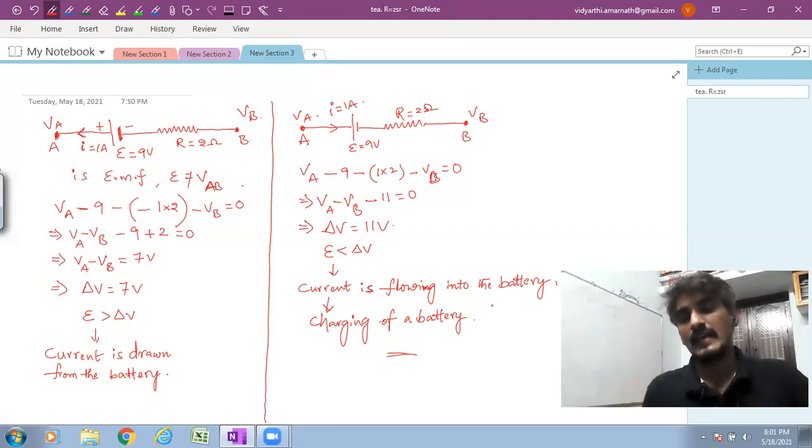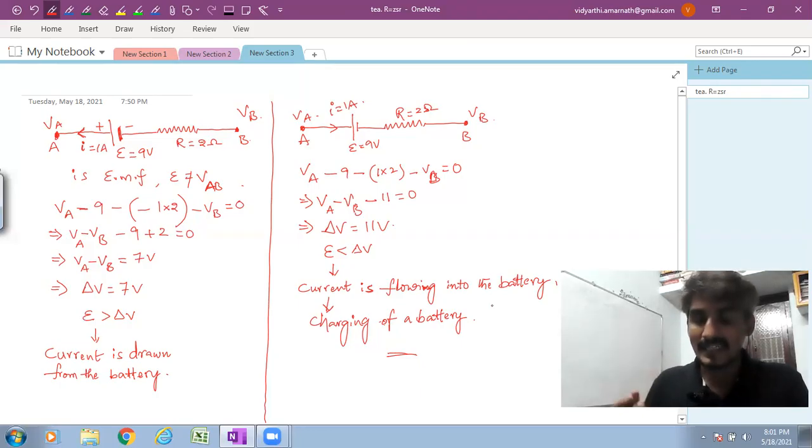What does that internal resistance cause? The internal resistance of the battery causes a heating effect inside the battery. It is wasted in the form of thermal energy.